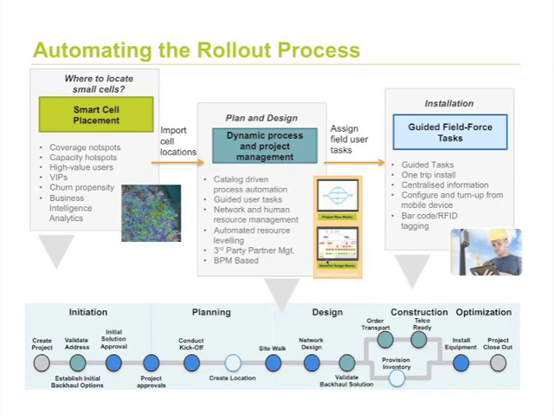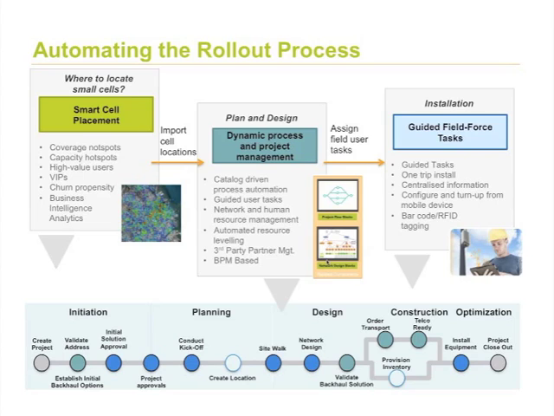So let's take a look at a little bit more in detail at what we mean by automating the rollout process and where this solution fits in. We've got along the bottom of this diagram that process, end-to-end process for the deployment of the small cells, and overarching that we have the plan and design piece.